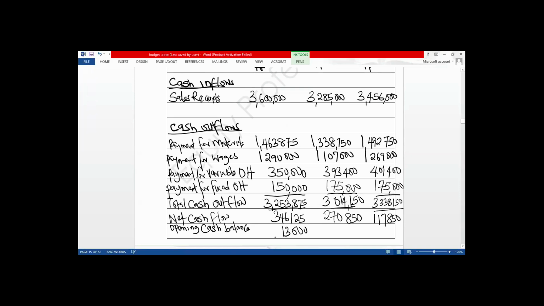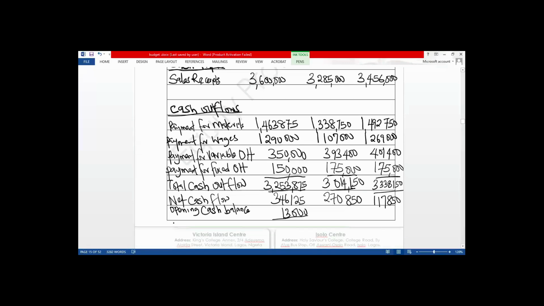13,000. Now get the closing balance for January: 359,125. Closing cash balance, you are going to add the two. That will give you 359,125. The closing cash balance for January becomes opening for February.